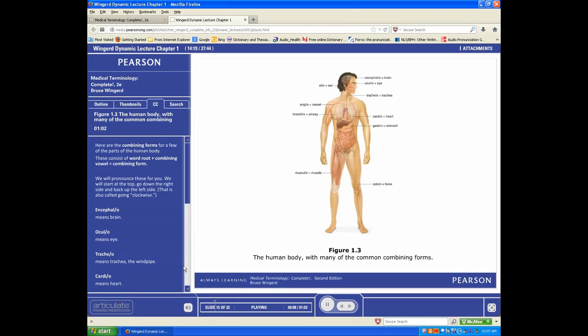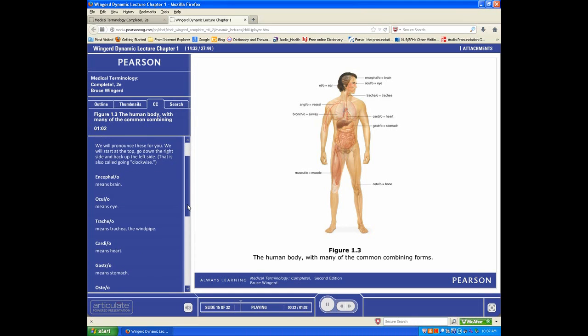Cardio means heart. Gastro means stomach. Osteo means bone, any bone, not just the leg bone. Musculo means muscle. Broncho means airway. Angio means blood vessel. Oto means ear. Each one of these combining forms has a word root plus the combining vowel O.